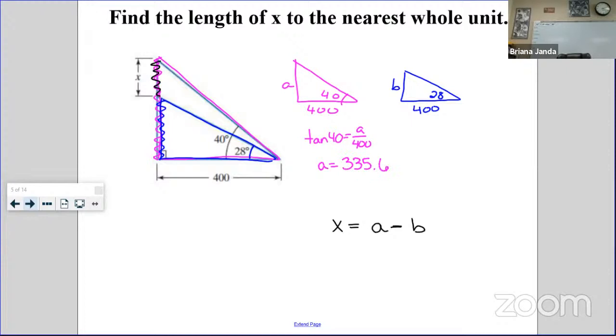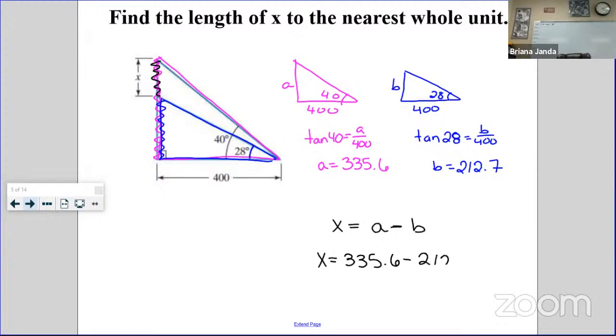We do the same thing with our smaller right triangle that has an angle of 28 degrees. Again, it's opposite and adjacent, so I'm again picking tangent. And this time we get 212.7 for our measurement.